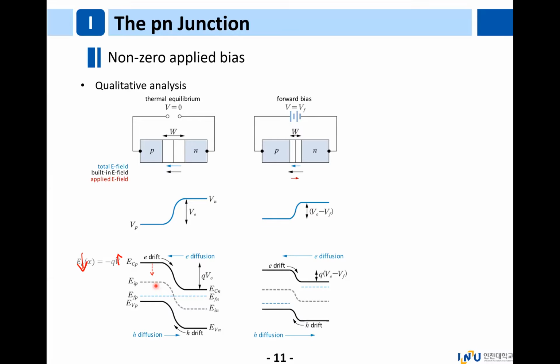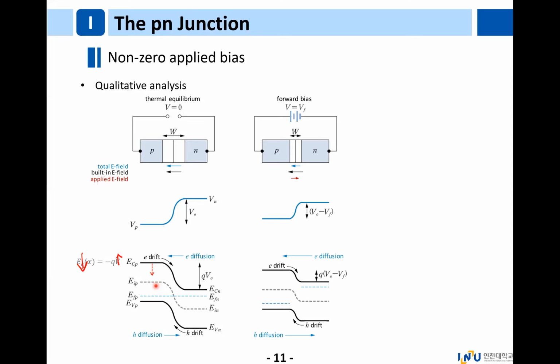As a result, when a positive voltage is applied, the band shifts downward, and the PN junction goes out of the thermal equilibrium state. In chapter 6, we discussed the analysis of such non-equilibrium semiconductors.